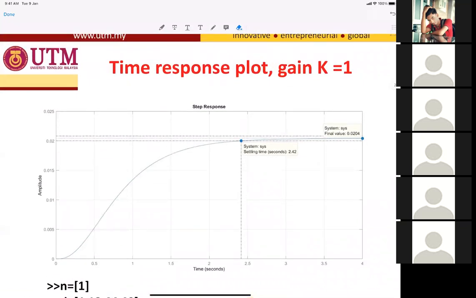What is the value of the steady state error? Unity feedback gain, input 1 volt.